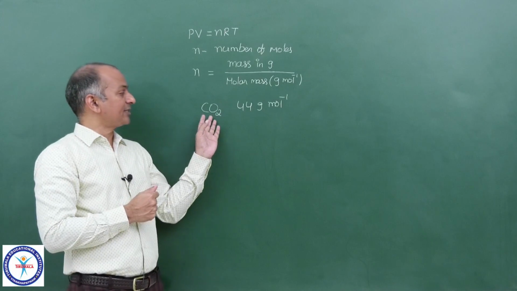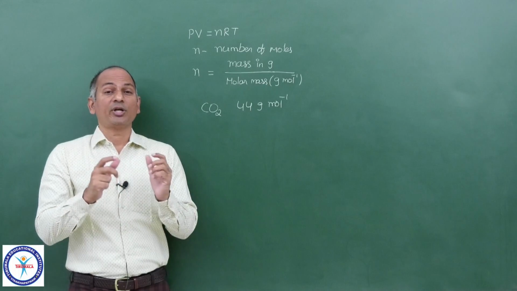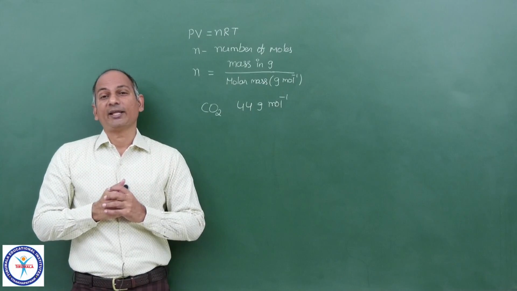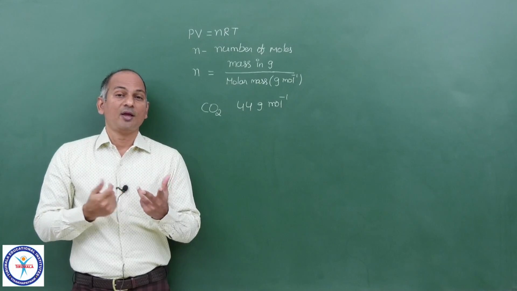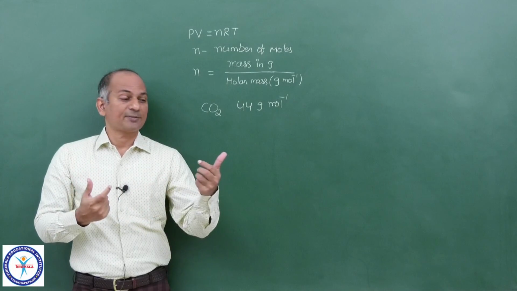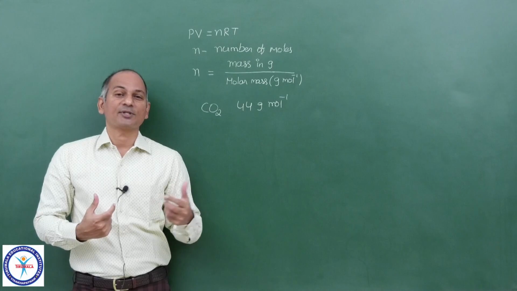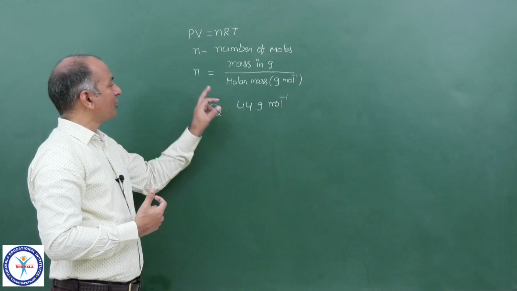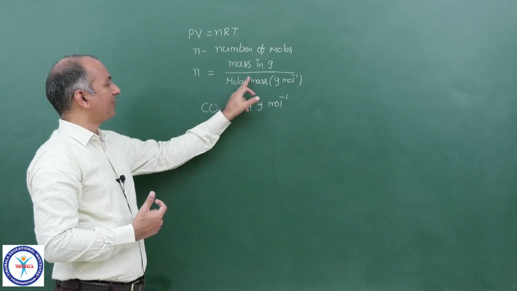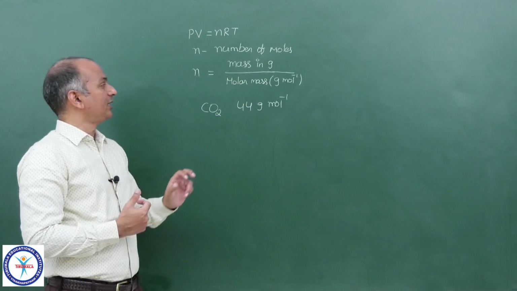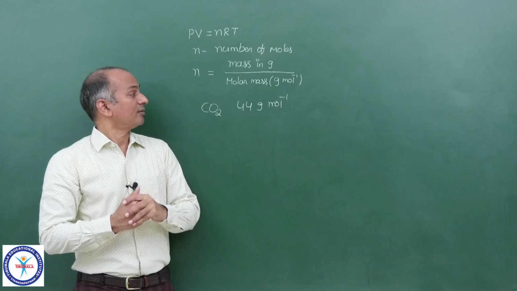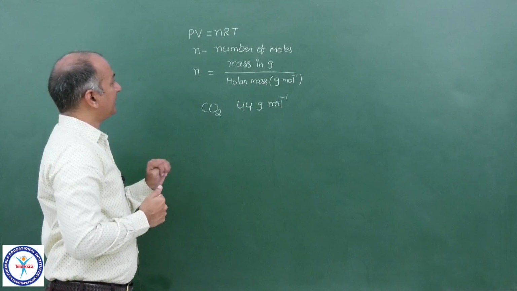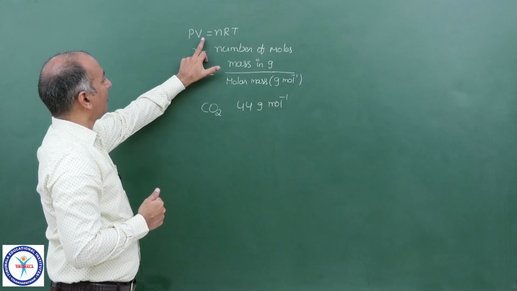So CO2 molar mass is 44 grams per mole. Suppose you are given 88 grams of CO2, then how many moles of CO2 are there in that particular mass? 2 moles. 44 grams corresponds to 1 mole, so 88 grams corresponds to 2 moles. So from that logic, we got this particular relation. Number of moles is equal to mass in grams upon molar mass. This is one thing.